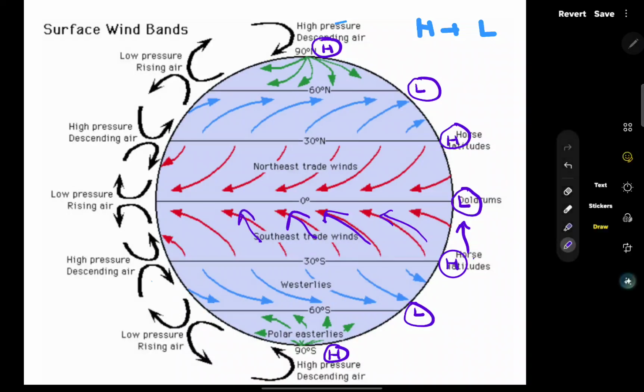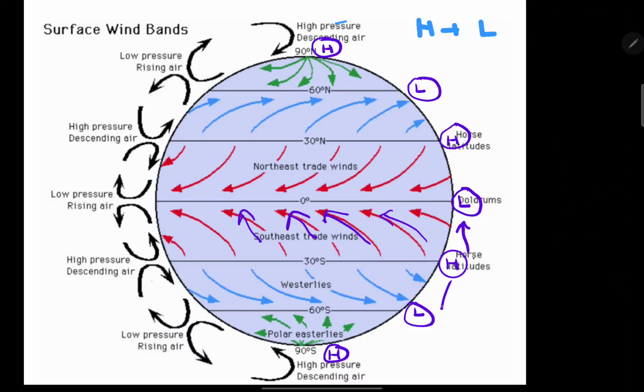Then again, let's look at 60 degrees south. Again, wind will travel from high to low, so you can see high to low, high to low.